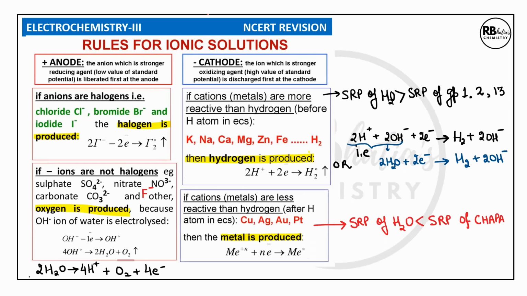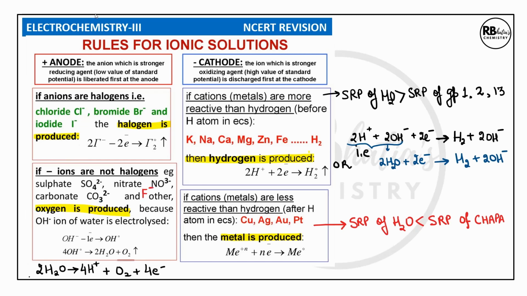Now, in general, the rules for ionic solutions for deposition are: if the anions are halogens, that is chloride, bromide, and iodide, then in comparison to water getting oxidized, the halide ion gets oxidized. But if we have any oxo anions like sulfate, nitrate, carbonate, fluoride, etc., then water gets oxidized and we get oxygen as the product.